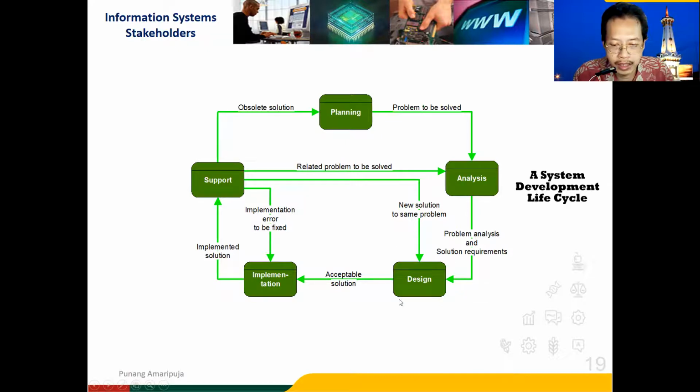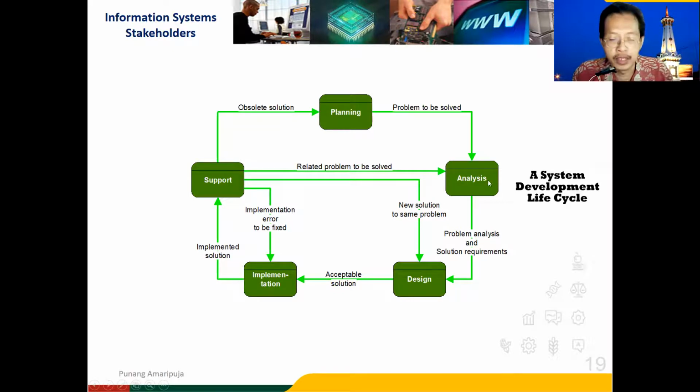You would be designing the solution in the form of an information system, and then it would be implemented. And after the implementation, there would be support for the maintenance, for the use of the system. And if it's not solved, the problem is not solved, then it goes back to analysis.